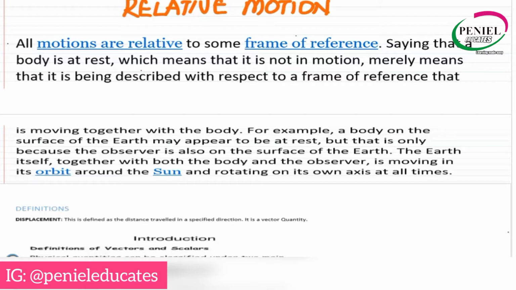So when you are talking about change of position of a body, we need to look at in reference to what exactly, where exactly is the body before.